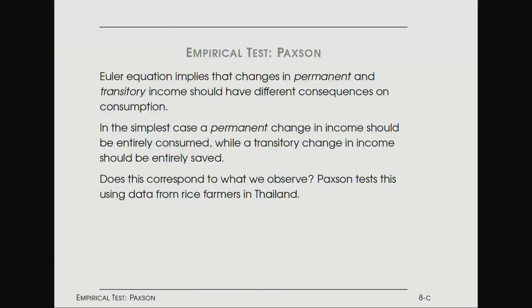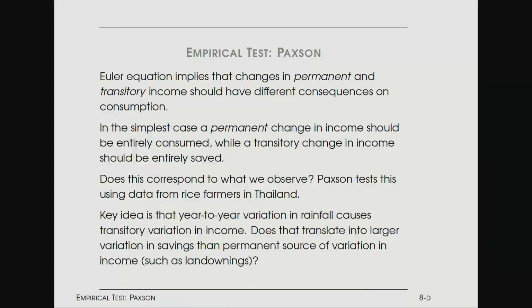So does this correspond to what we see? Paxson tests this using data from rice farmers in Thailand. And her key idea, which was then used in some form or another in many other papers, is that the year-to-year variation in rainfall gives transitory variation in income.